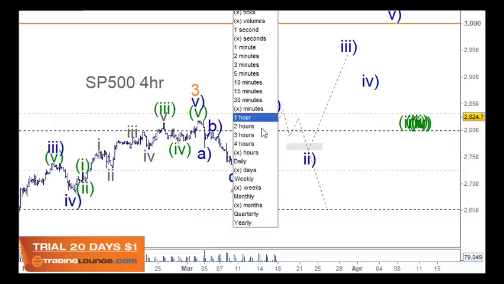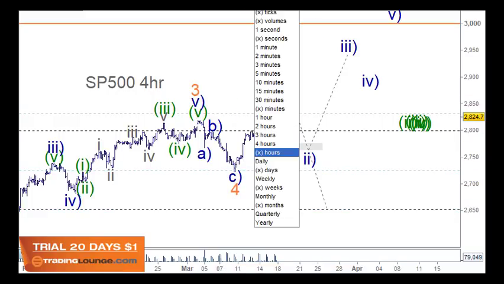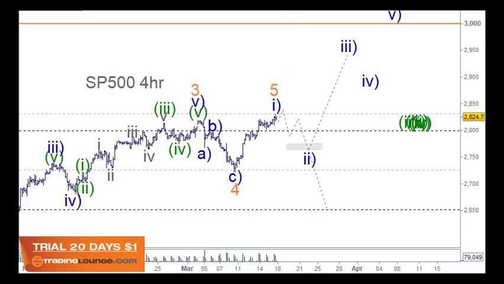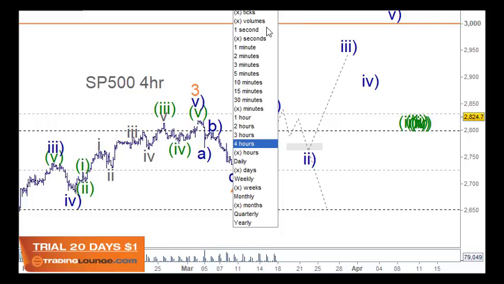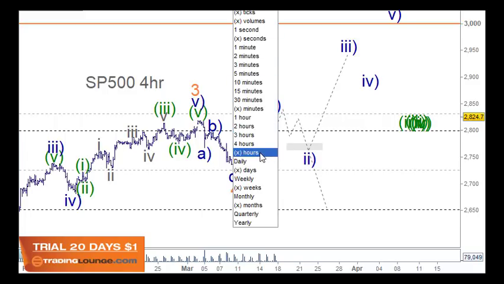So just coming to these hourly charts here. Sorry about that. It's jumping around a bit. I wonder why it's doing that.